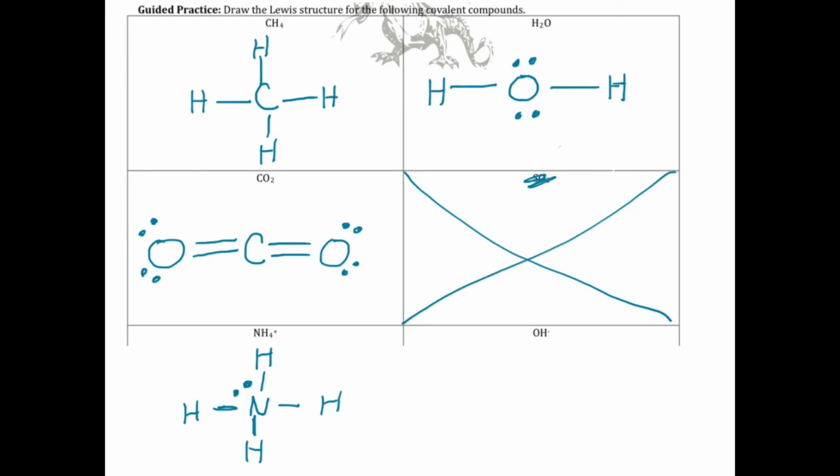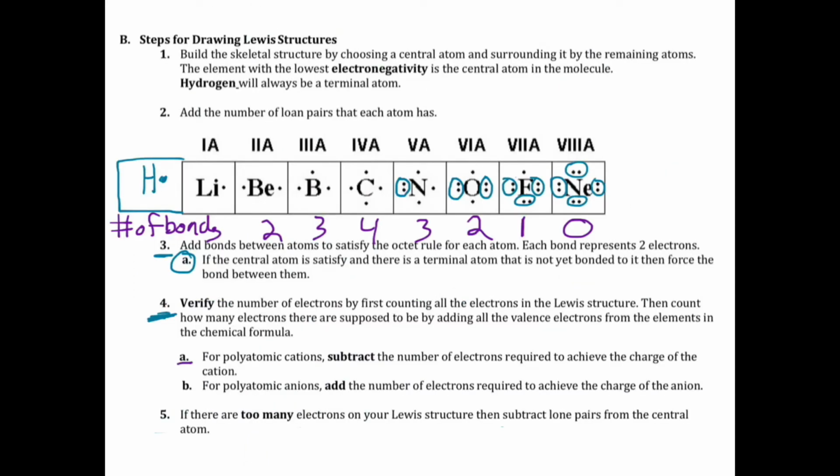So nitrogen has 5 valence electrons. Hydrogen has 1 valence electron, except there's 4 hydrogens, and so that adds up to 9. However, we don't actually have 9 because somehow it became positively charged. So for positive cations, what you want to do is subtract the number of electrons required to achieve the charge.